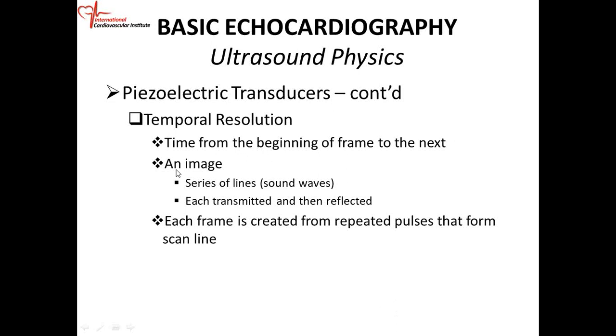So when you see an image, it is really a series of lines, or ultrasound waves, or scan lines. To get an image, you need a series of scan lines, which is just an incident wave and a reflected wave, because the only way you're going to see an image is if you have an incident wave and then the wave is reflected backward and you get an image.